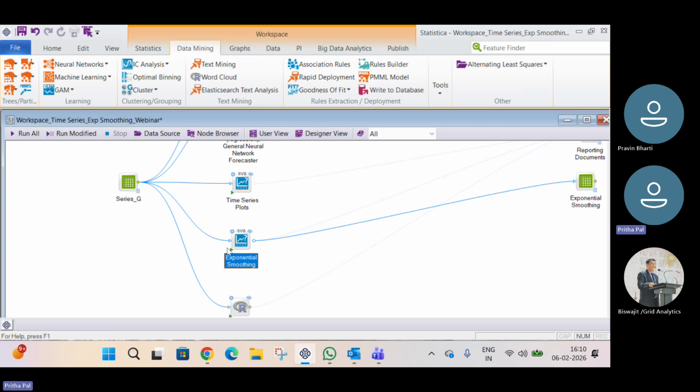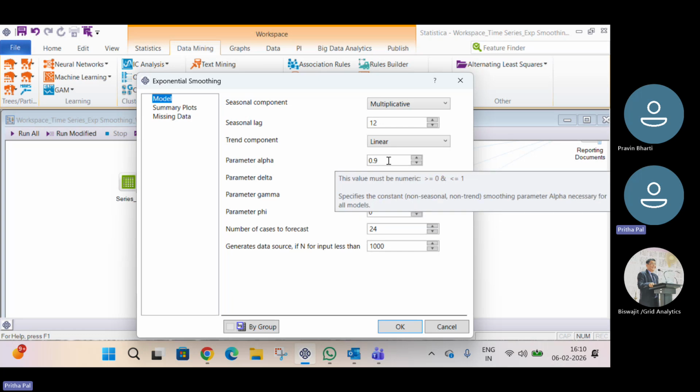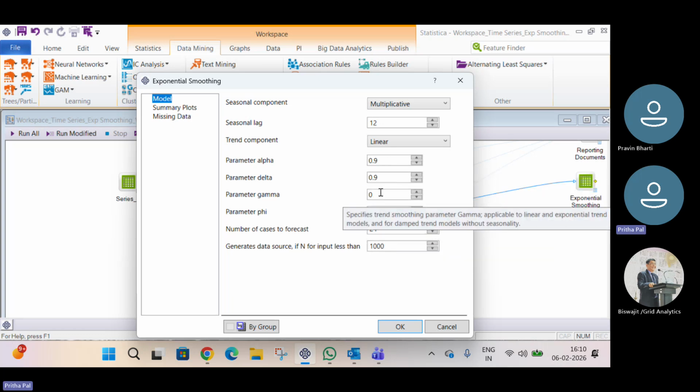Now we shall verify with the third exponential smoothing. Now we will take the seasonal component as multiplicative, as we have shown from the graph. Next, the simple exponential smoothing coefficient alpha and the double exponential smoothing coefficient delta will be 0.9. And next, I am taking the third exponential smoothing parameter gamma again as 0.9.